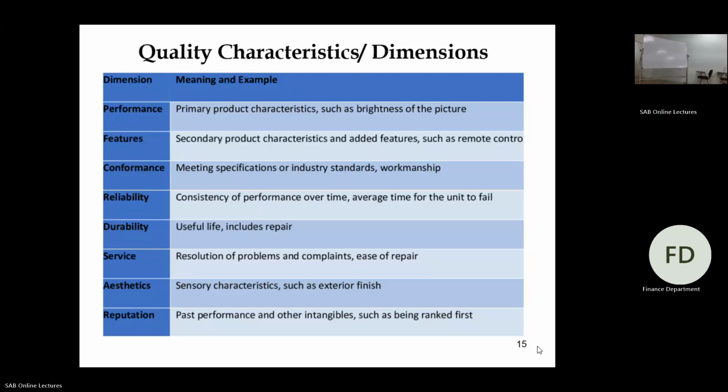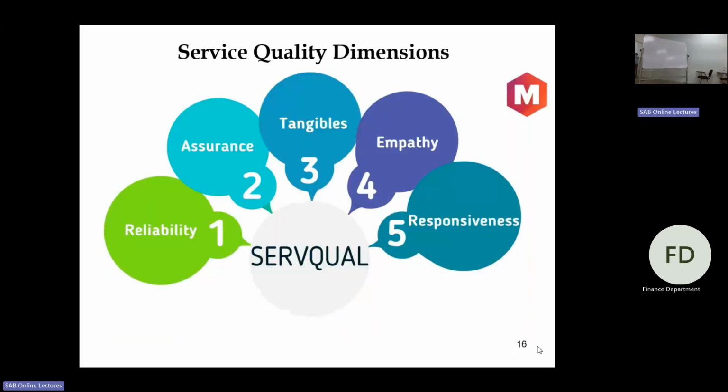We go there: product quality dimensions. And if you pick up the other slide also and complete it, we call it the services dimensions. For services, quality dimensions are a little different, not the same dimensions, according to research findings.